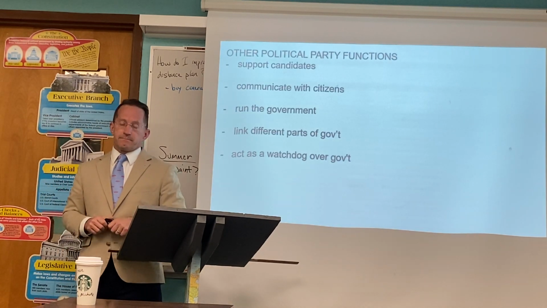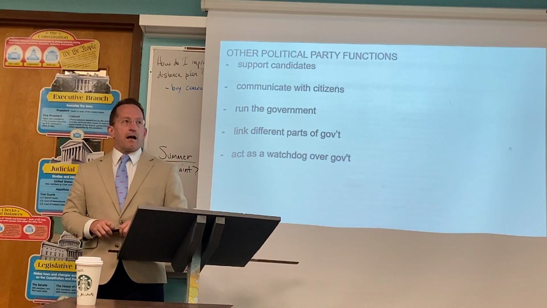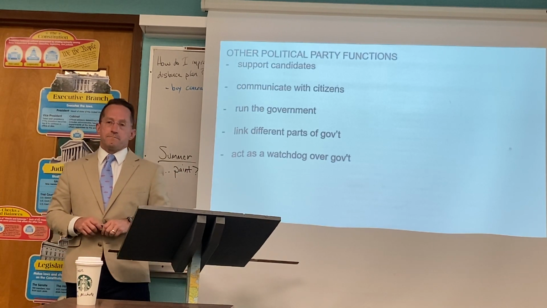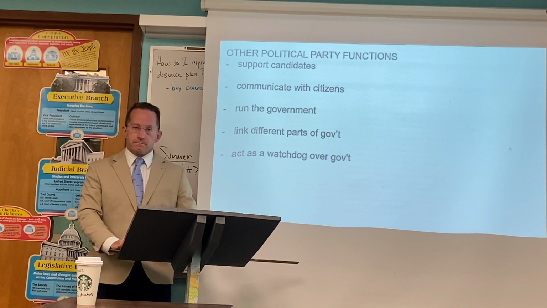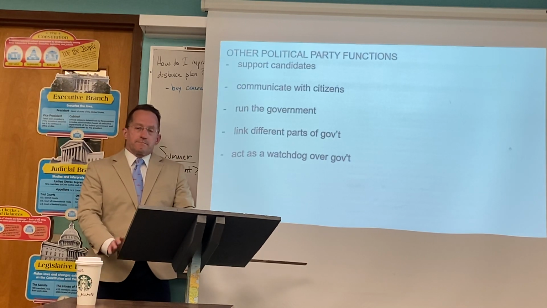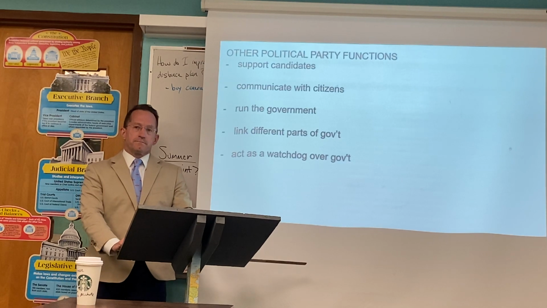Isn't that kind of corrupt, though? Because if you can build up your Senate majority of your party, doesn't that kind of skew how big decisions could be made in your favor? Yes. I wouldn't use the word corrupt, though.